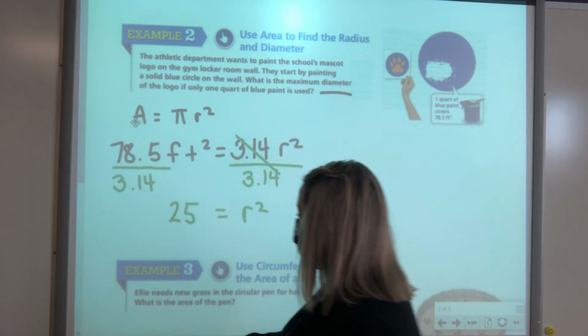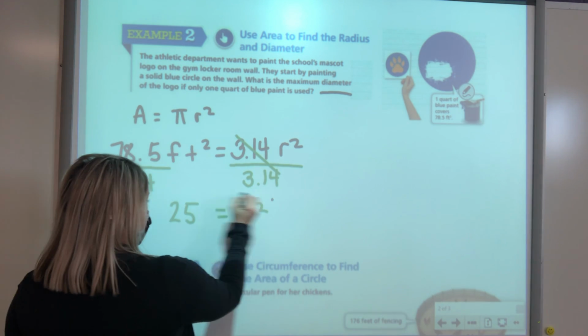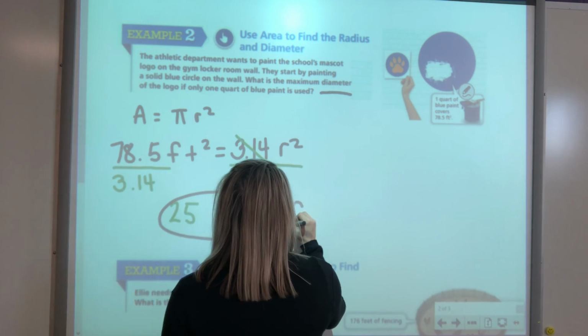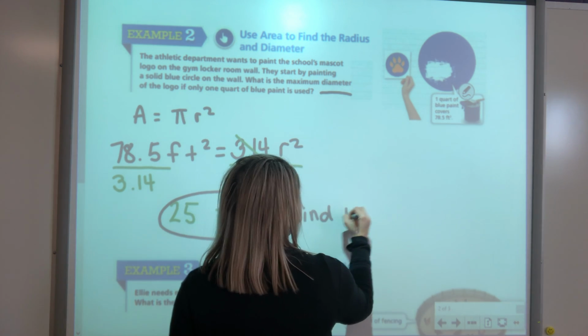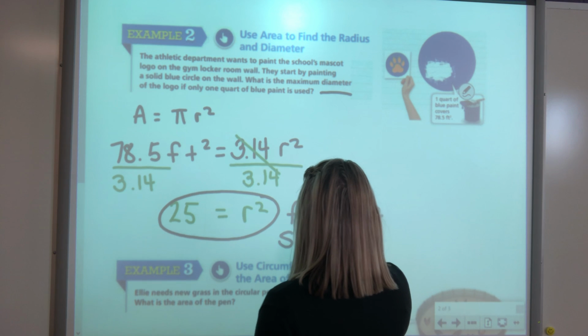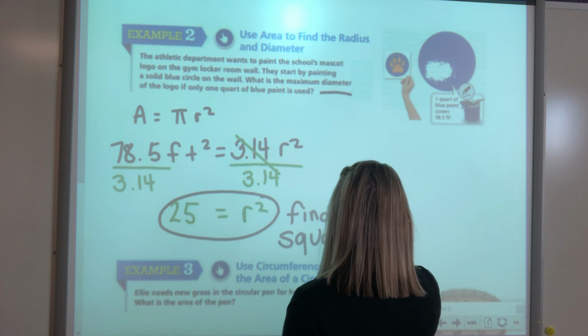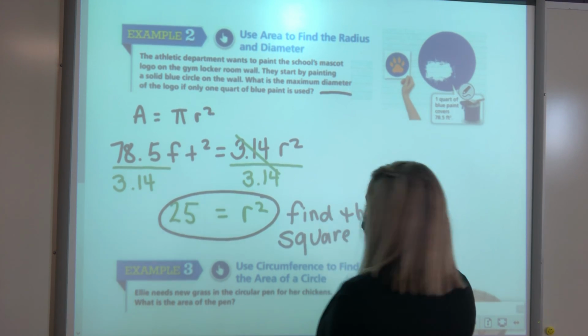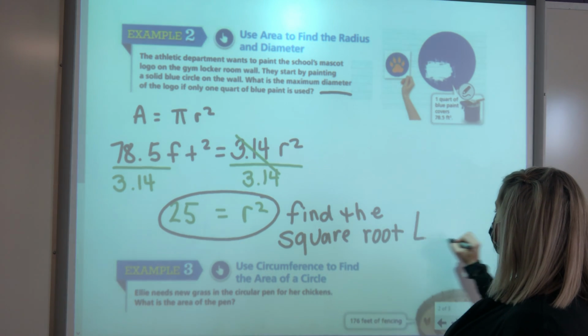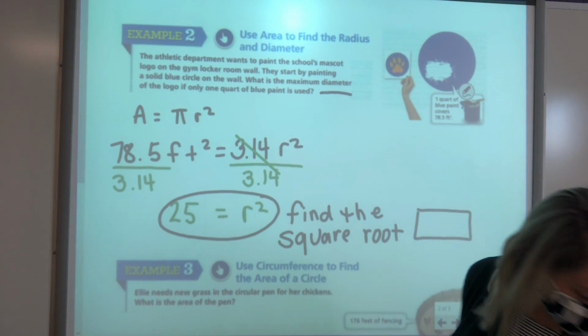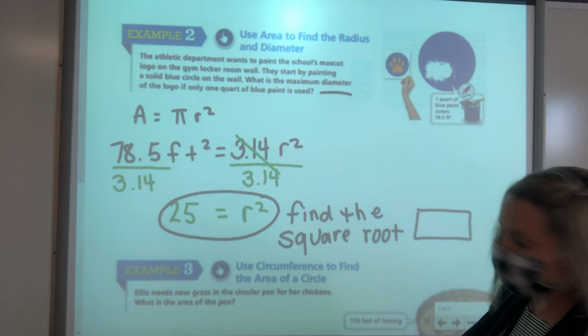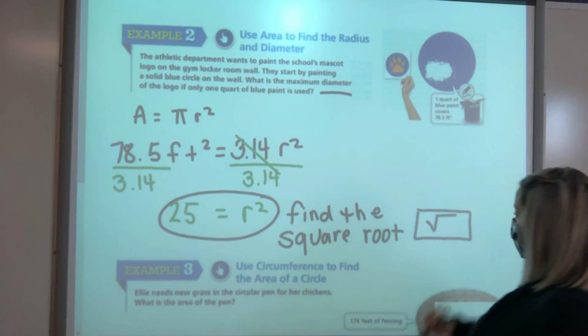So what we can do, this is called finding the square root. And the button we're going to use is this.